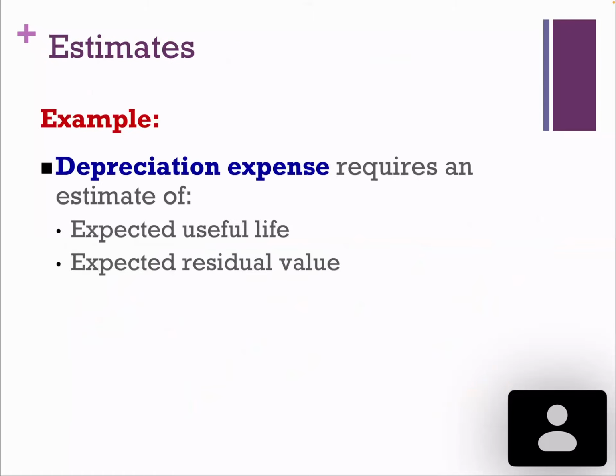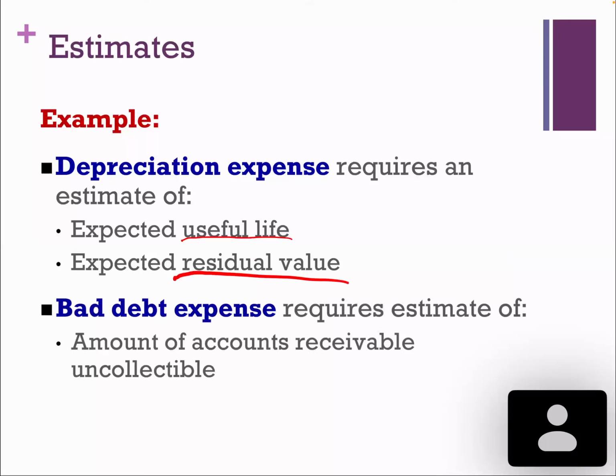Okay, so depreciation expense is a type of estimate. We base that off of how long we'll be able to use it, and if we think anything will be left over as far as value at the end of the useful life. Bad debt expense is also an estimate.